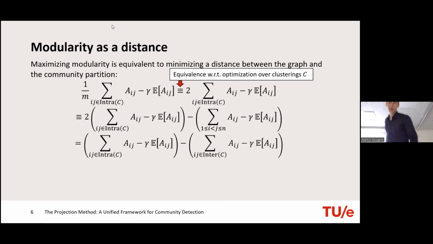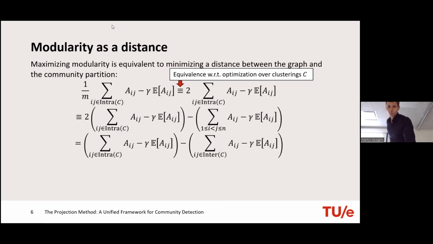And if we rewrite this, then this is the sum over all the vertex pairs. So then each of these intra-community pairs occurs once in the sum. So then we cancel this one out once. And then what we are left with is all the node pairs that are not intra-community pairs. So these are inter-community pairs, so nodes of different communities.